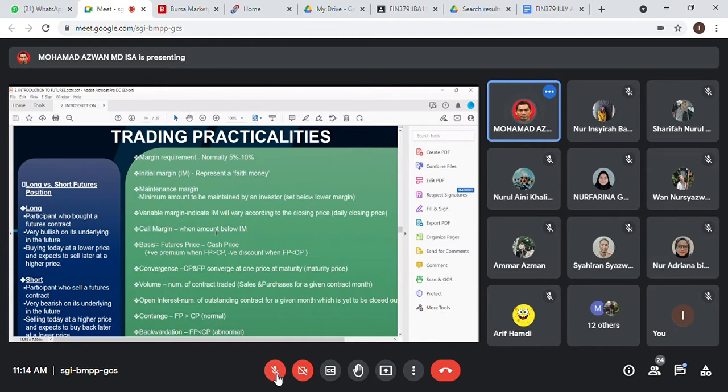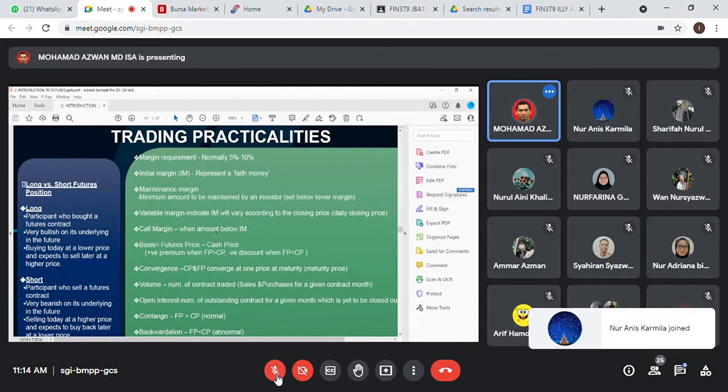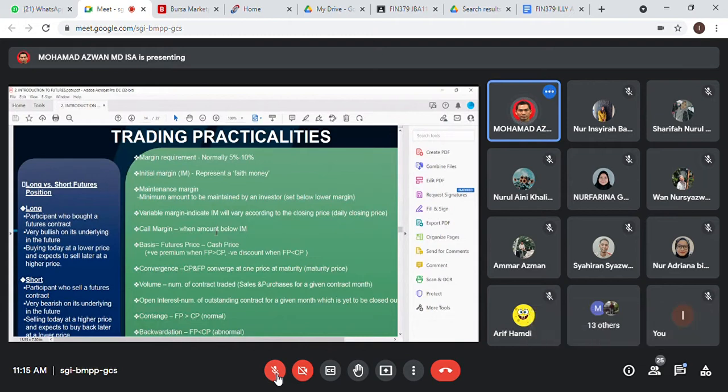Katakan besok, hari apa esok? Selasa. Katakan you close counter at 5 and margin balance falls to 7,000. So the clearing house will call you to top up 3,000 back to 10,000, the initial margin, until Wednesday morning before they open the counter.